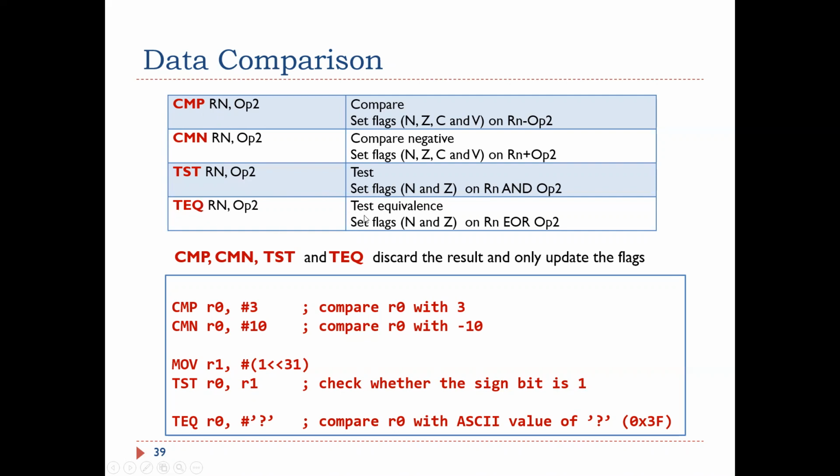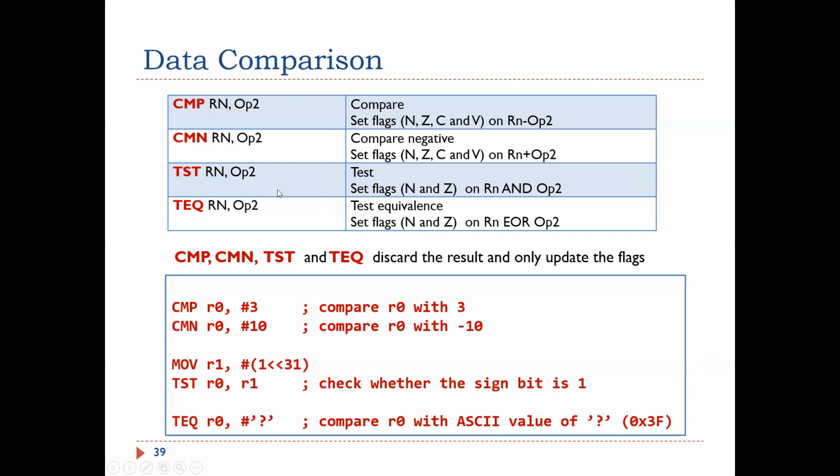TEQ, which does test equivalence, does the XOR operation between operand 1 and operand 2, and then sets only 2 flags, N and C.